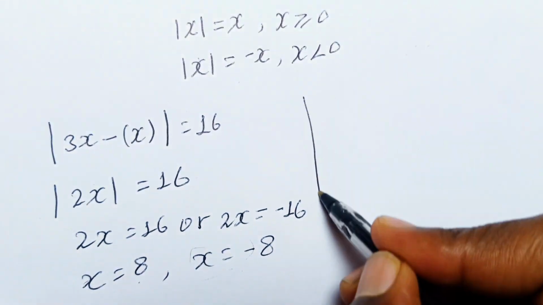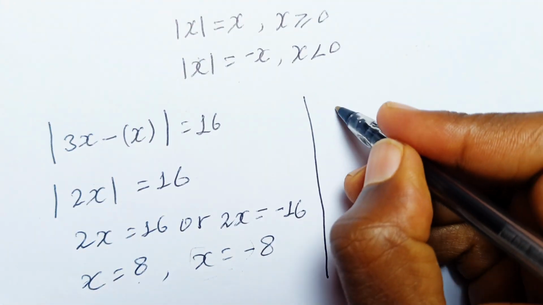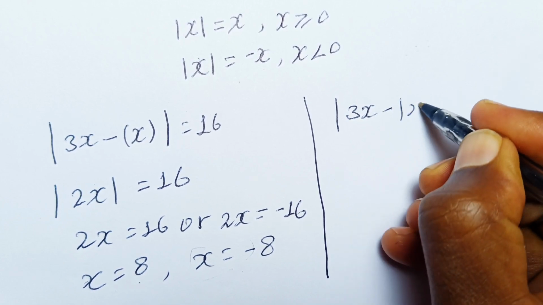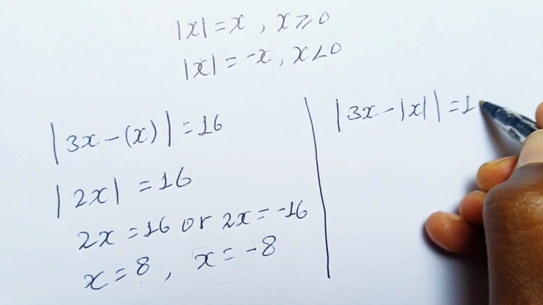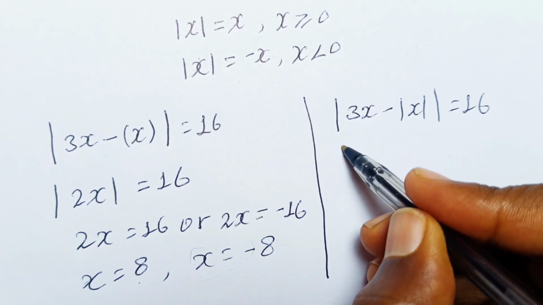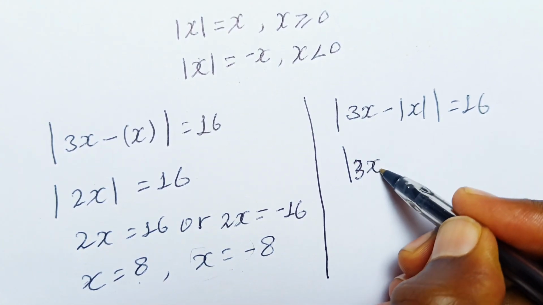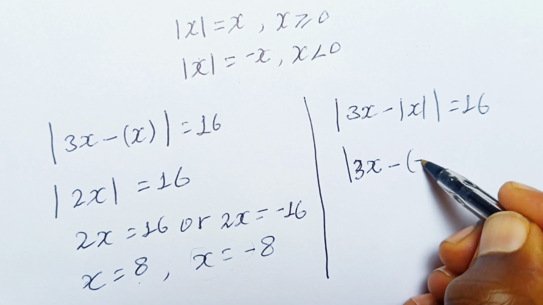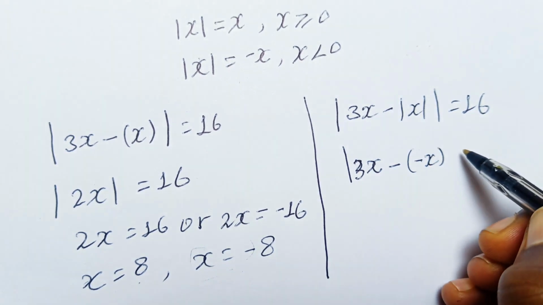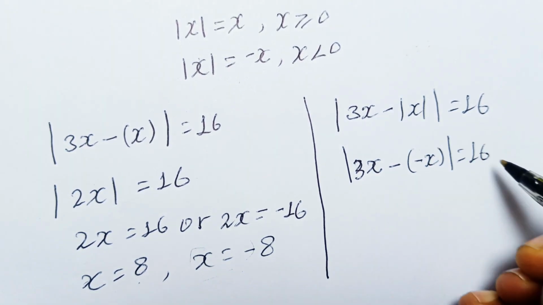So from the second condition, the absolute value of 3x minus the absolute value of x, the whole absolute value, equals 16, when x is negative. So the absolute value of 3x minus x, when x is less than 0, equals 16.